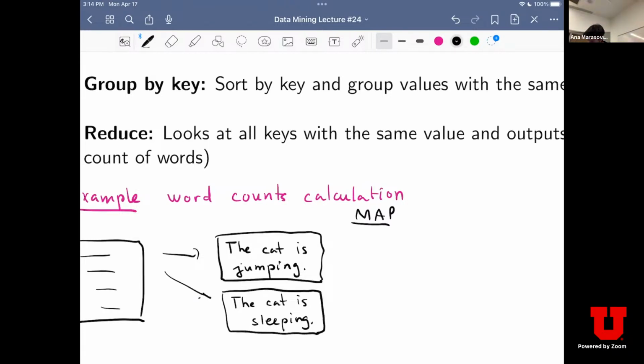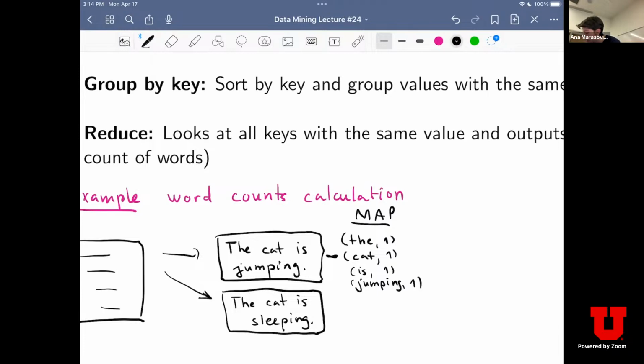Okay, so we have these two chunks. In the map operation, our problem is counting words. We need to extract a key. The key is here the word, and the count. So we'll have the with count 1, cat with count 1, is with count 1, and jumping with count 1.